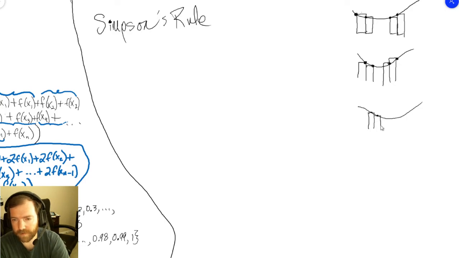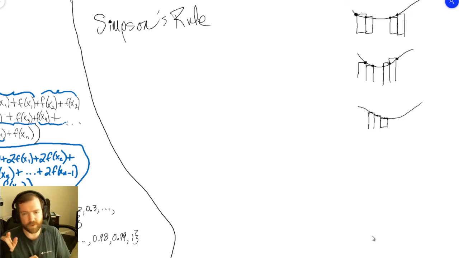Typically, the midpoint rule is better. A midpoint approximation is generally better on Riemann sums than either the left or the right, unless you have a function that is increasing and decreasing in the same interval, roughly about the same amount. Then those could cancel each other out almost perfectly and happen to be closer. But most of the time, midpoint Riemann sums will be better than either the left or right.